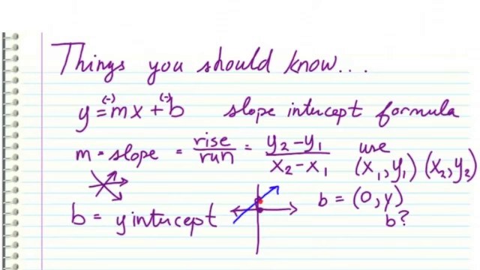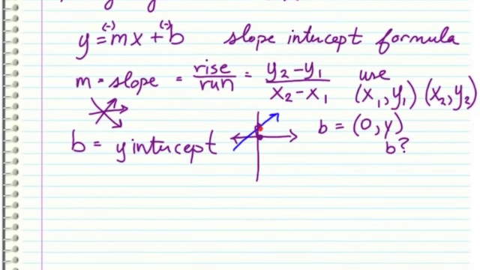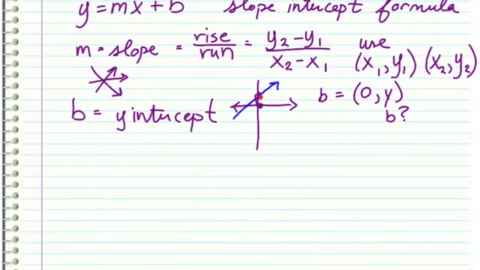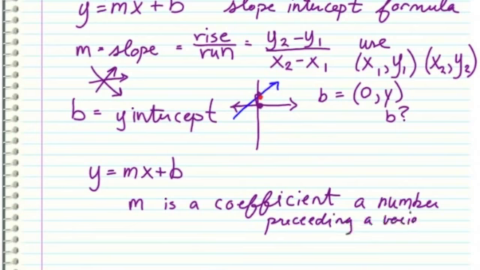Okay? Numbers in front of my variables, so my m per se, when I'm looking at my linear function, y equals mx plus b, my m is what's called a coefficient, and that's a math term for a number that comes before a variable, or a number preceding a variable.